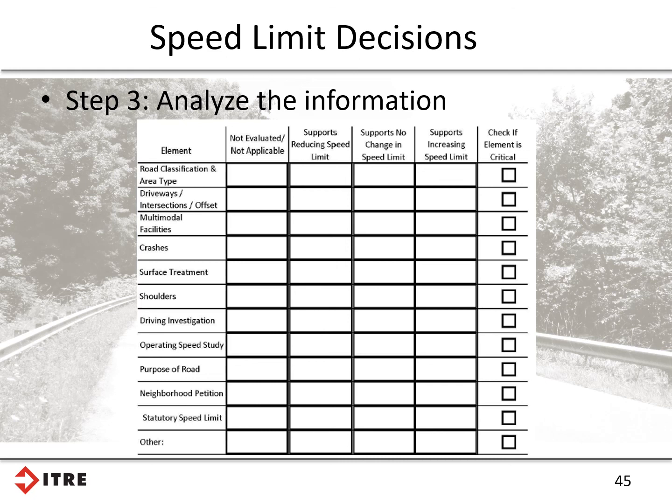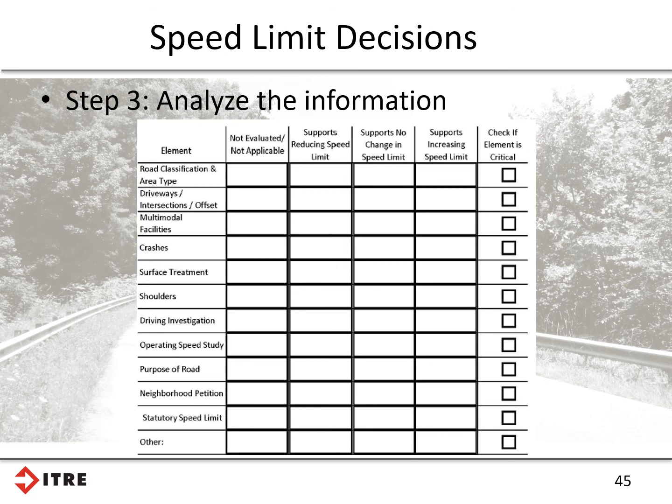And then analyzing the information: we've put together a list of the elements that can influence the speed limit, and we help the engineer at this point document whether those elements weren't evaluated or are not applicable, but more importantly, whether each supports reducing the speed limit, no change in the speed limit, or increasing the speed limit.